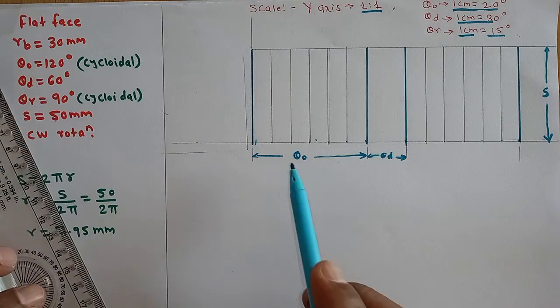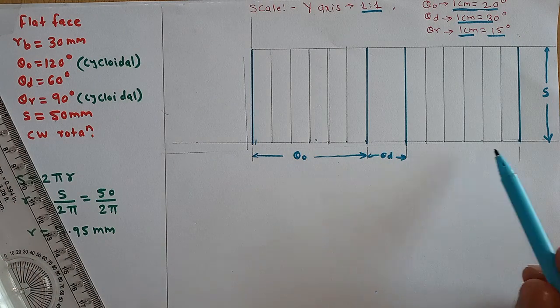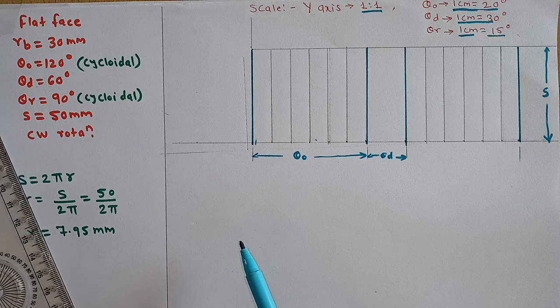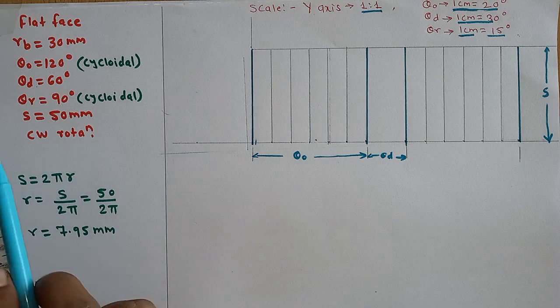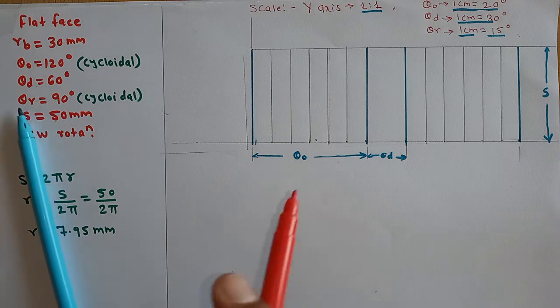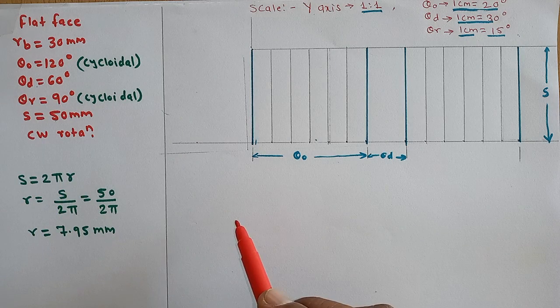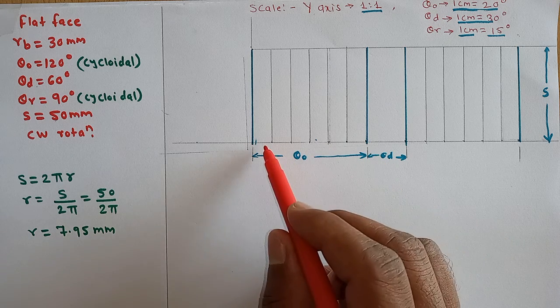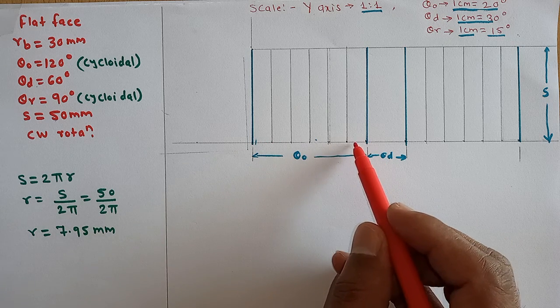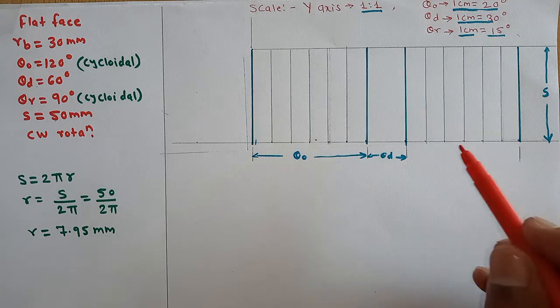Now in the next step, we divide the outstroke angle and return stroke angle into even number of equal divisions. So I have divided the outstroke angle and return stroke angle into 6 equal divisions each. So this is 6 centimeters. Each division corresponds to 1 centimeter for outstroke.